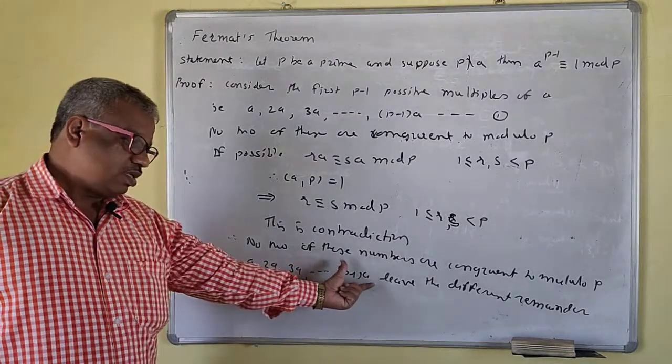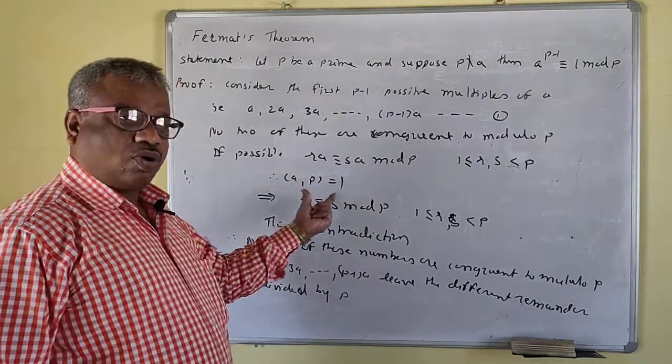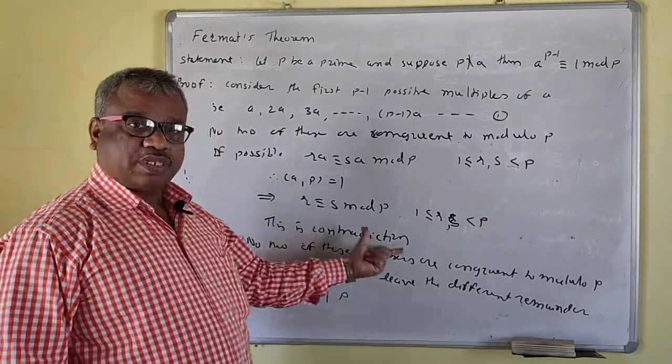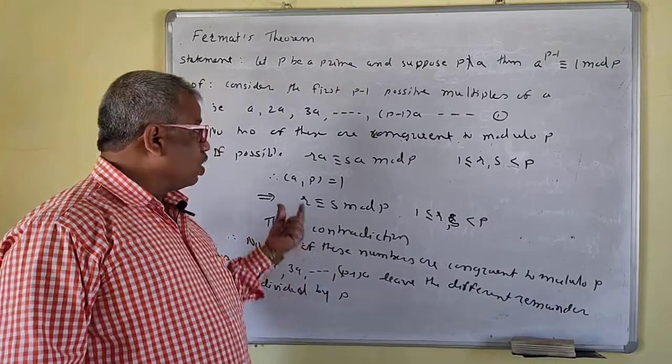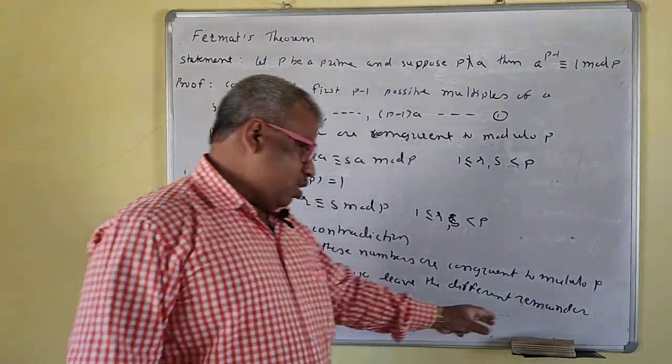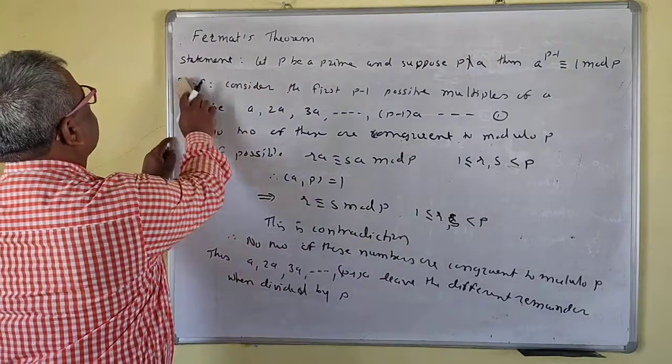That means they leave different remainders because they are not congruent modulo p. No two numbers are congruent modulo p.